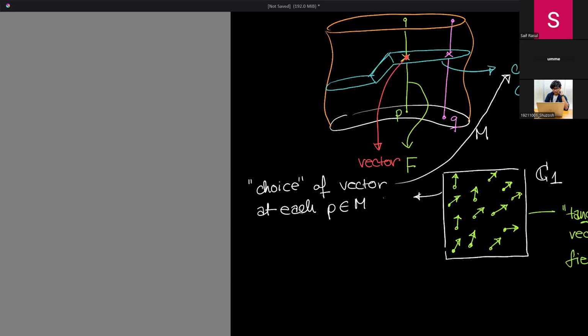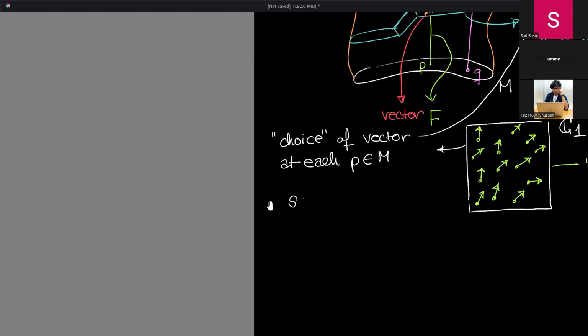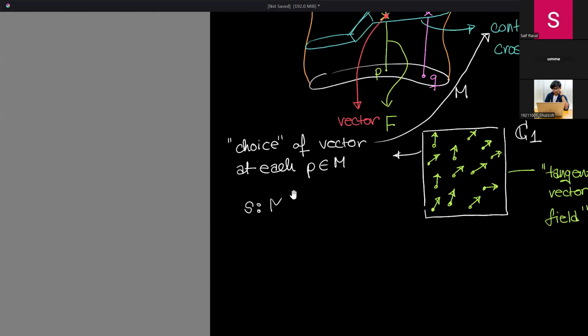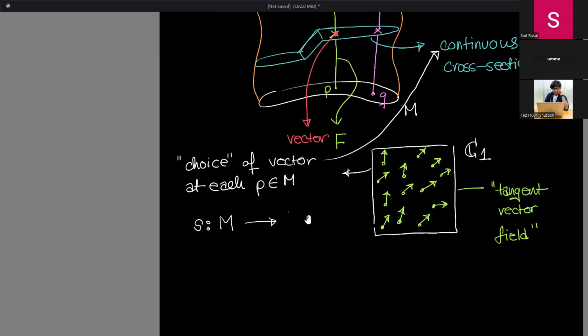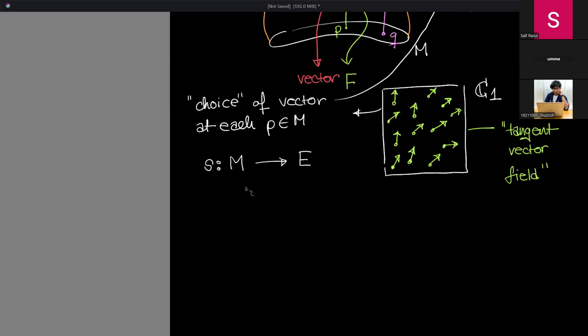So we need a function, let's call it S for section. If you give me a point on the manifold, so my domain is the manifold, then I will tell you which point in the fiber I am assigning to that point on the manifold. And the union of all the fibers is the vector bundle, where the bundle space is basically what encodes that space of the vector bundle. So it's a function that goes from M to E.